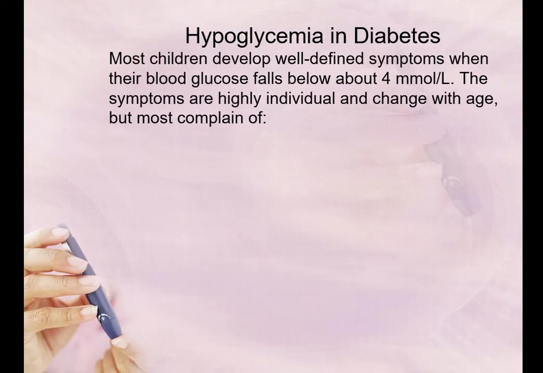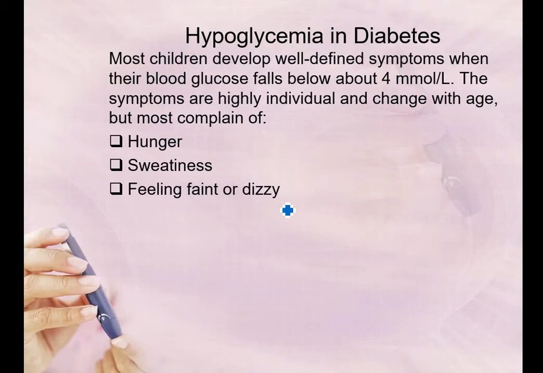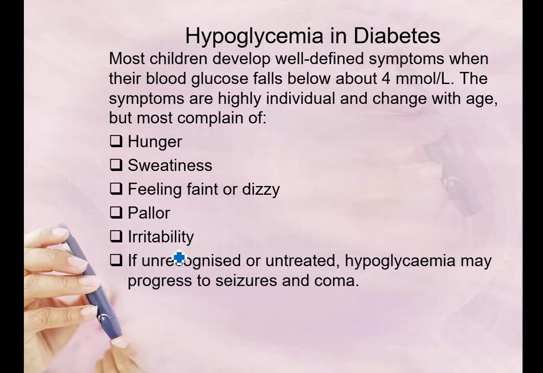Hypoglycemia in diabetics is considered an important and dangerous complication of diabetes. Most children develop well-defined symptoms when their blood glucose falls below about 4 mmol per liter. The symptoms are highly individual and change with age, but the most common complaints of the patient are hunger, sweating, feeling faint or dizzy, pallor, and irritability.